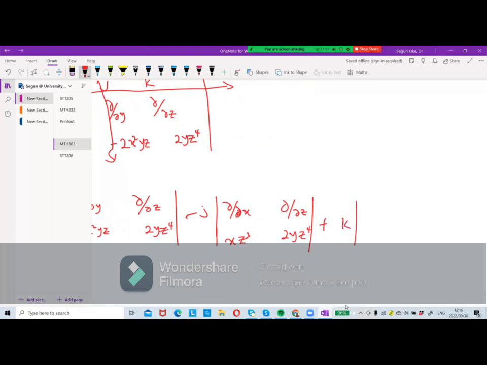So you release this one, so you pick this one out. d/dx, remain what? d/dx xz^3, then d/dy, minus 2x^2 yz.